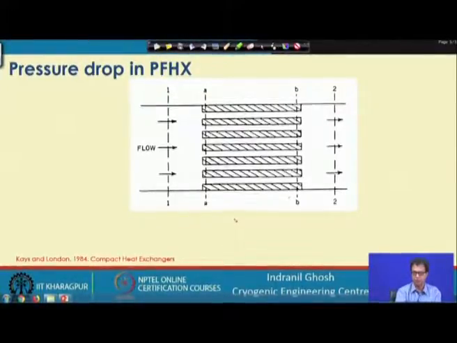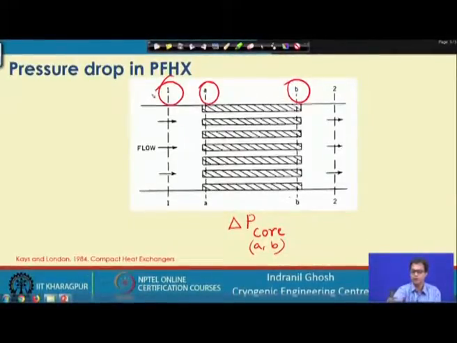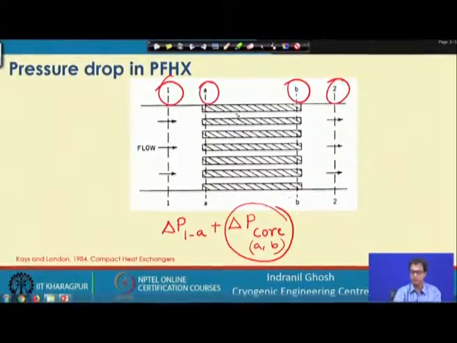One is the core pressure drop between A and B. If we divide it, there is a delta p between 1 and A, then the pressure drop in the core, which we will come to, and then another delta p between B and 2, which will actually be a negative one.